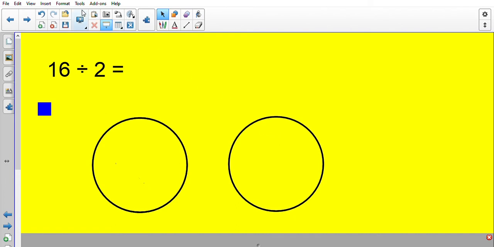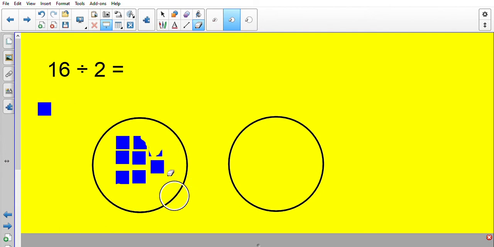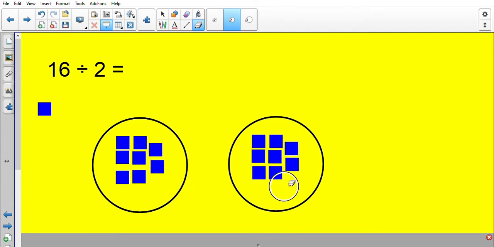You don't want to watch me doing that, it's boring. So let's pretend I've already done it. How many is in each one? Let's see. 1, 2, 3, 4, 5, 6, 7, 8. Needs to be equal, so let's check we've got 8 in here. 1, 2, 3, 4, 5, 6, 7, 8. So I put them into groups and had 8 in each group.